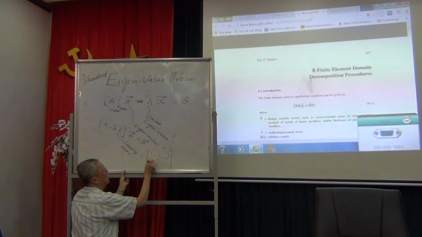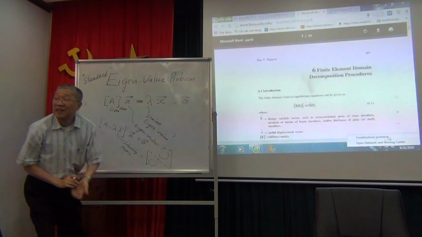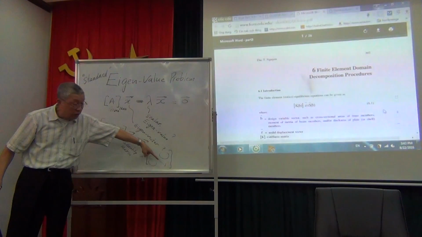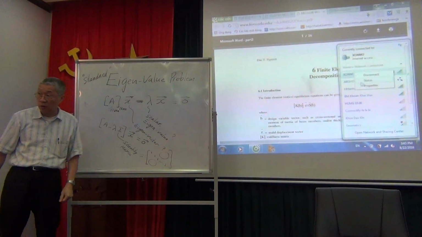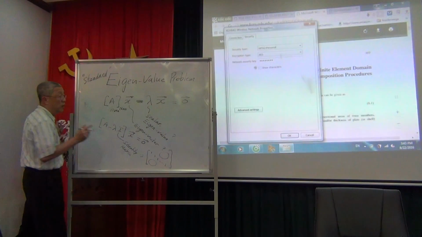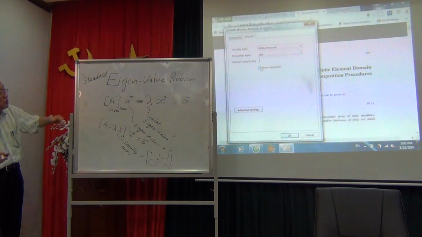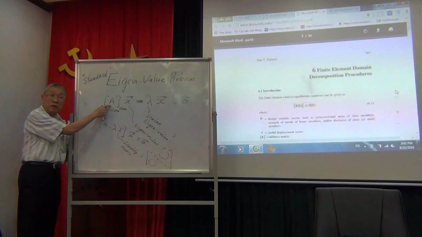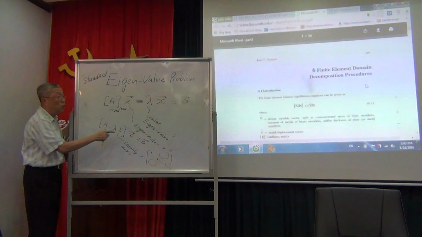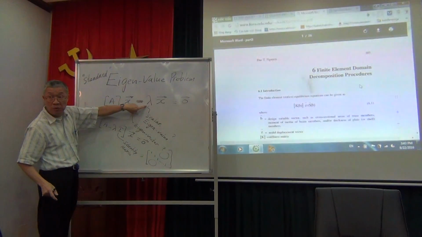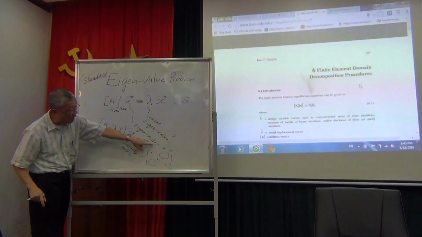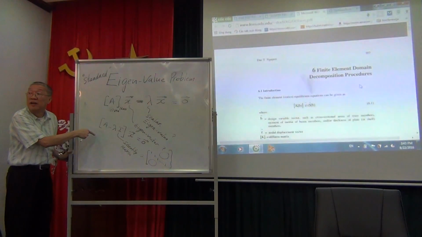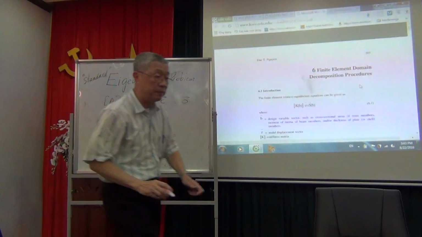Everywhere else is 0. So I is the identity matrix. The diagonal equal to 1, everything else 0. Now, remember, in this eigenvalue problem, the matrix A is known, is given to you. And you have to find the eigenvalue and the eigenvector. So from here, you can go to here. Is that clear?